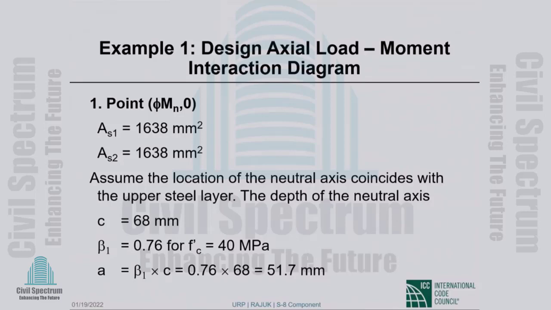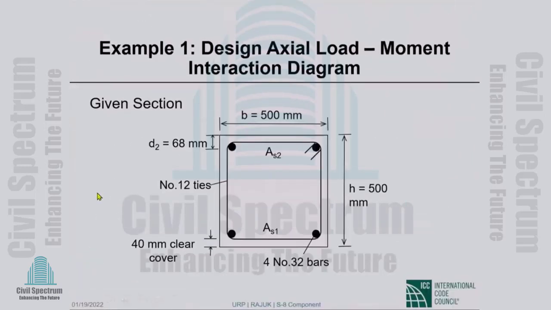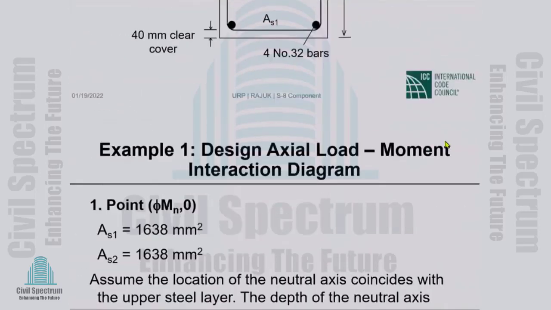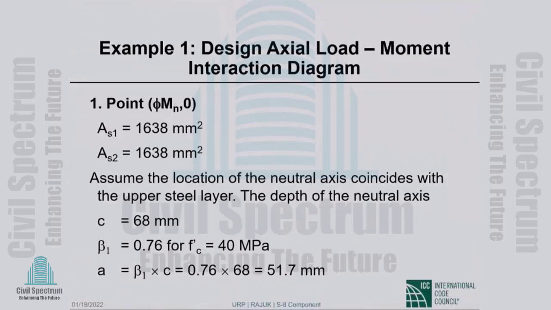A sub s1 and A sub s2 are 1638 square millimeters, 2 number 32 bars. Assume the location of the neutral axis coincides with the upper steel layer, meaning the neutral axis depth is 68 millimeters. This is strictly an assumption.